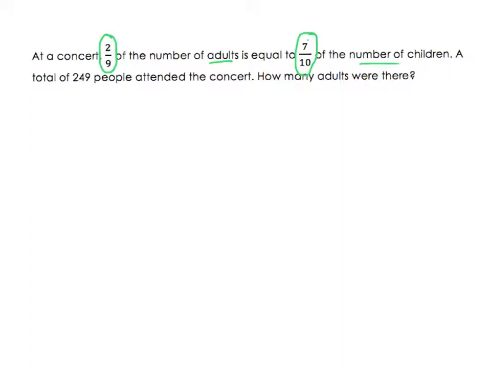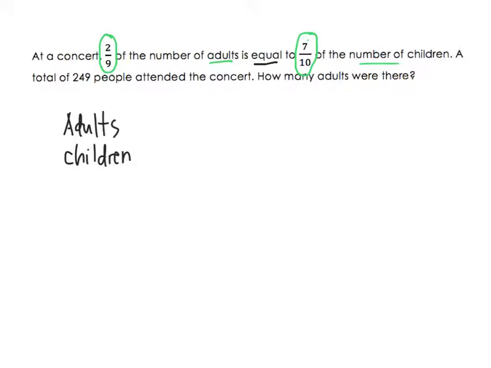So let's try that. We're going to make a sketch of the bars for adults and then for children. And hopefully this will help us make sense of the problem. It's best to look at which parts are equal in number, and that is 2/9 and 7/10.